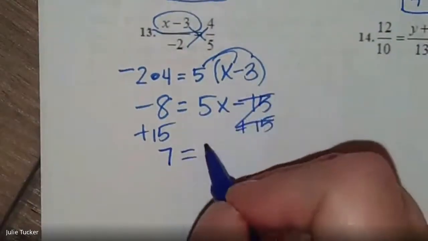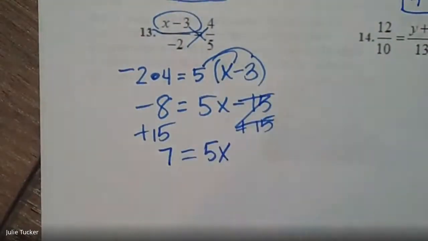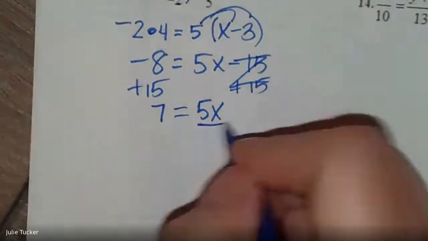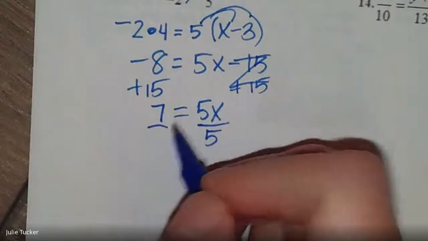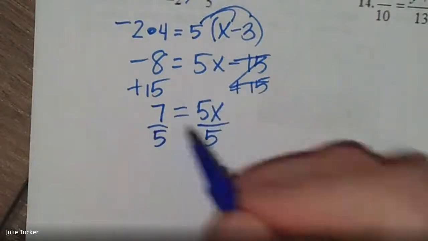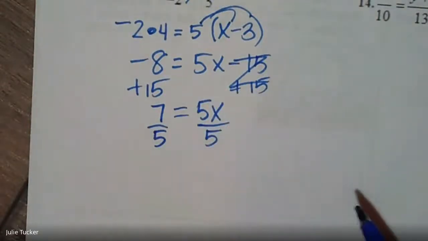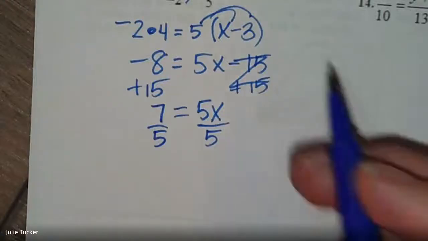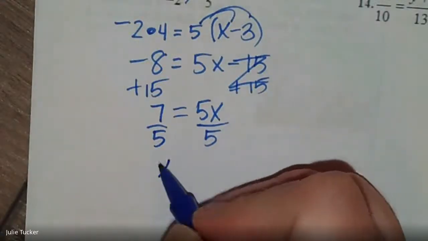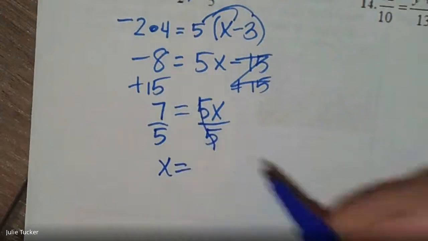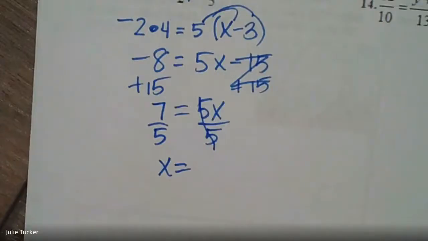This zeroes out. This is 5x. Looks like we're going to have another decimal. So 7 divided by 5. Are you getting that one with your calculator?